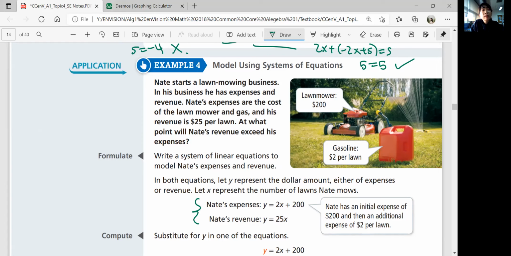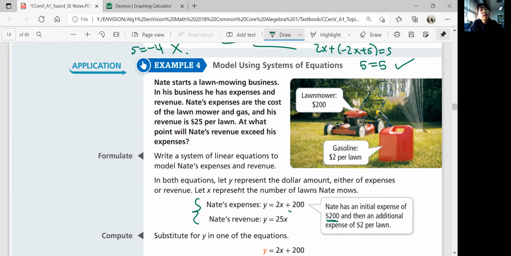Expenses is when you have y as the total expense when you spend 2 times x, where x represents the lawns, so 2x plus 200, because that is the initial expense. It doesn't change.